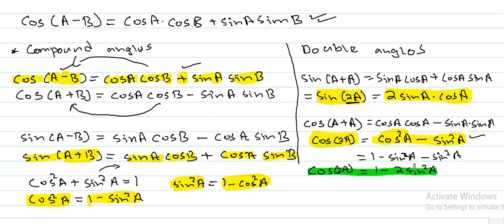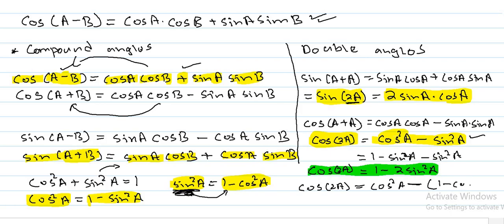The other double angle of cos: where I see sine squared, I will say cos 2A is given by cos squared A minus sine squared A, and sine squared A can be expressed as 1 minus cos squared A. Because of the negative sign, you must open the brackets.